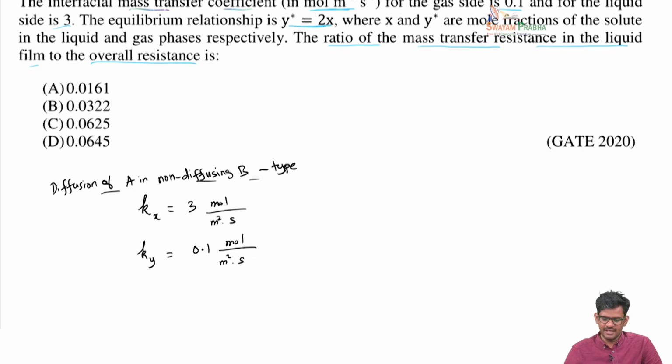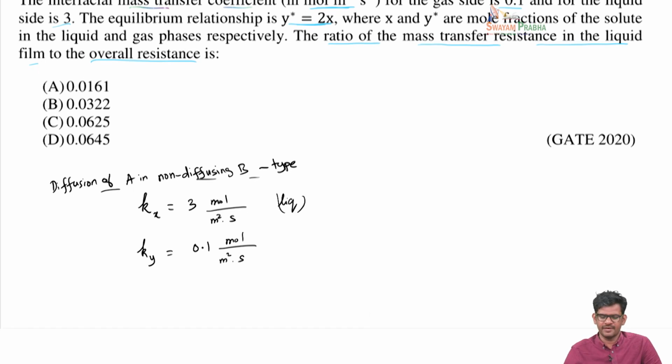Second, I looked at the units of the mass transfer coefficient. It's given in the flux units, mole per meter square per second. It also means that the concentration units are in mole fraction. Even though mole fractions are also given there, you still have to infer the mole fraction units from the mass transfer coefficient also. So if I have a liquid phase with mole fraction as the concentration unit for A diffusing, non-diffusing B, I have been using in the last few classes this notation small kx, x referring to liquid phase mole fractions.